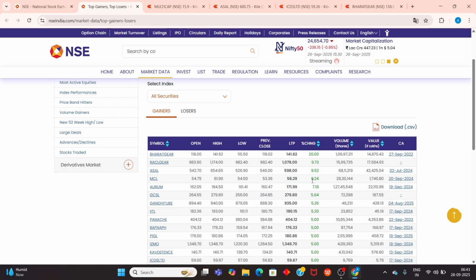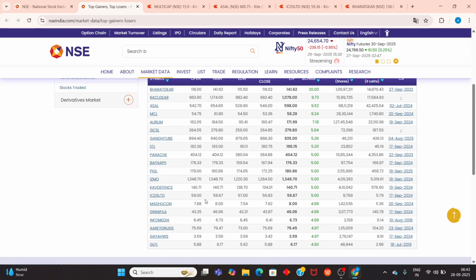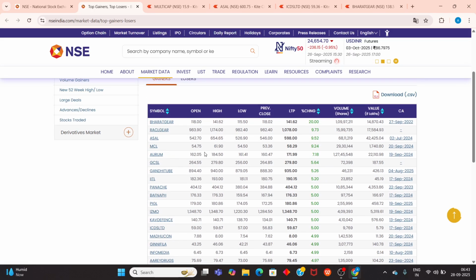At the same time, I mentioned the stock should be above 100 rupees. Here there are stocks above 100, and stocks at 7 rupees, 6 rupees, 5 rupees, 54. It's a mix of all prices. We are going to select only the stocks above 100 rupees. And on the right hand side, you can see volume in lakhs.